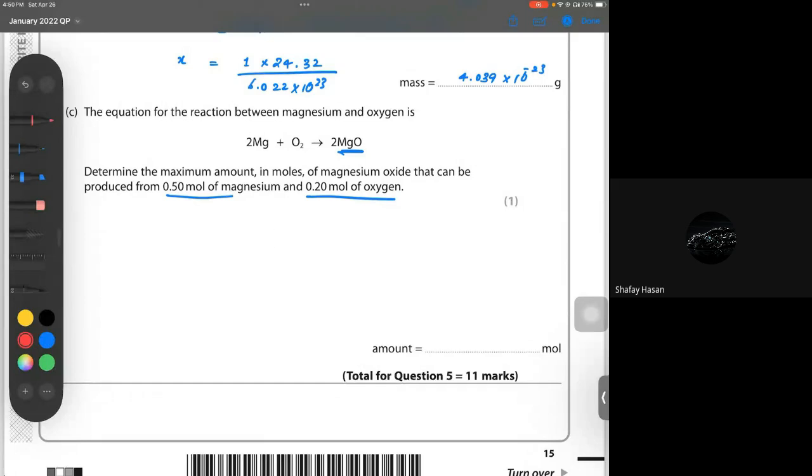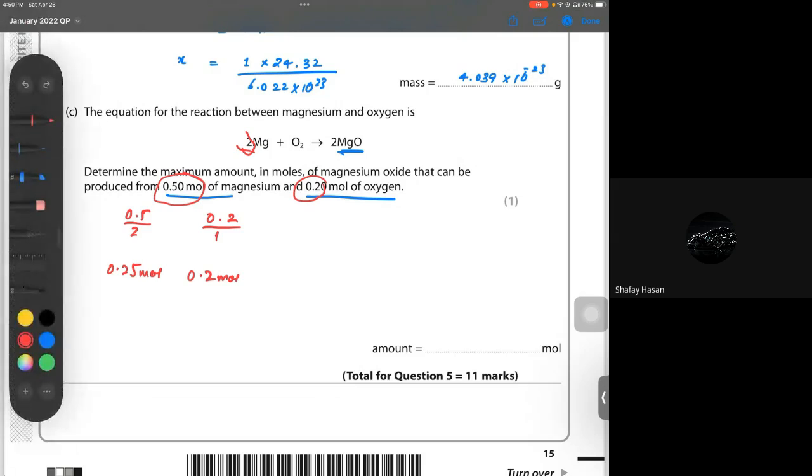I would be doing a short calculation: 0.5 over 2, 0.2 over 1. It would be 0.25 and 0.2. What I did was only divide the moles by the coefficient.